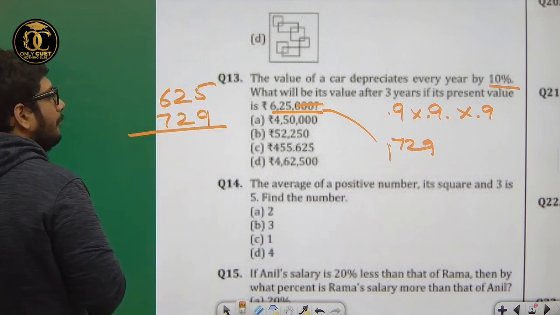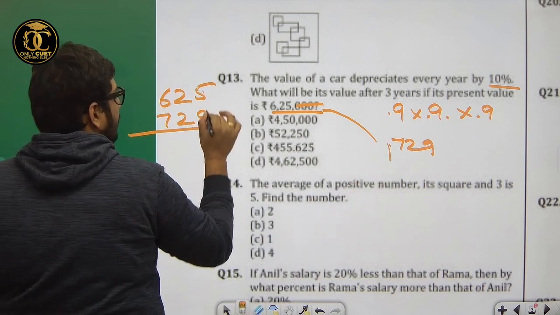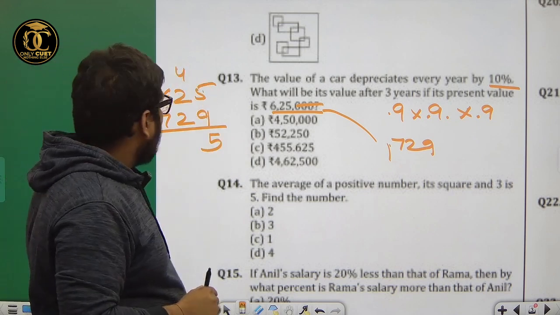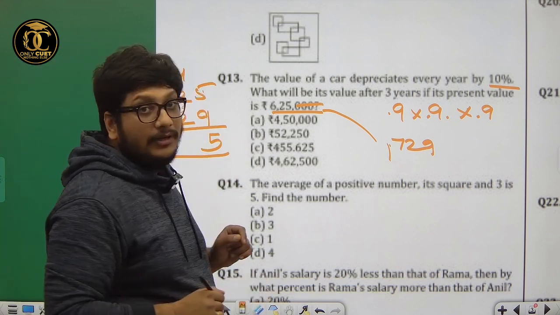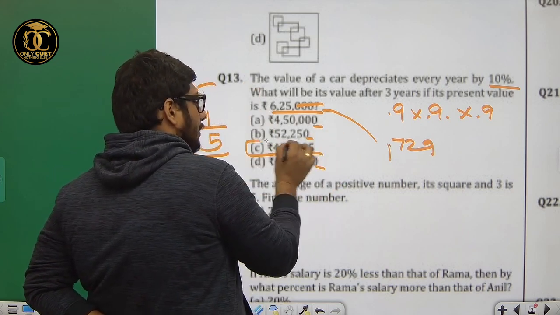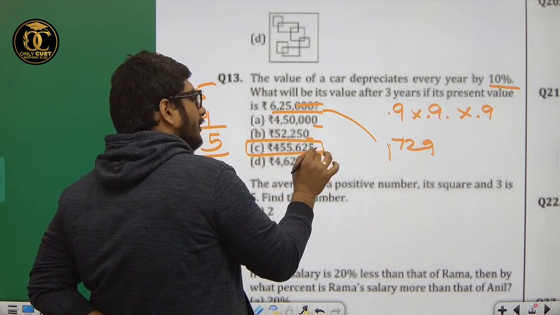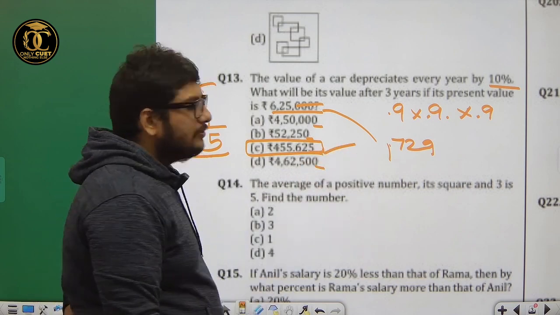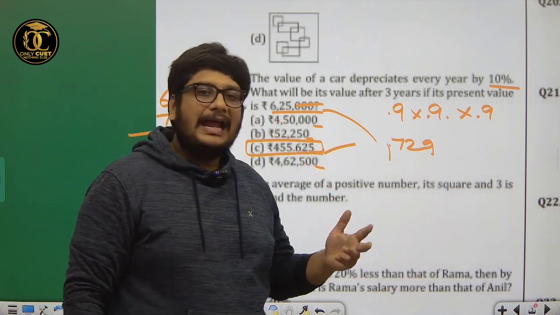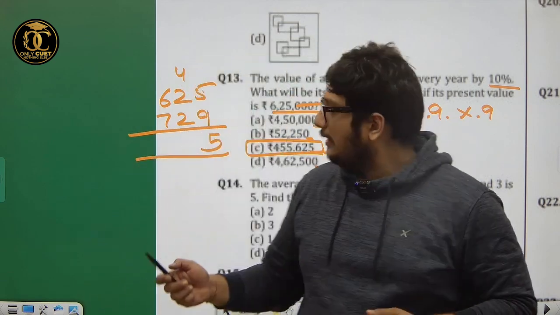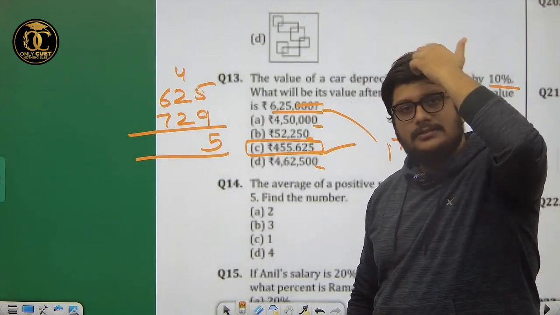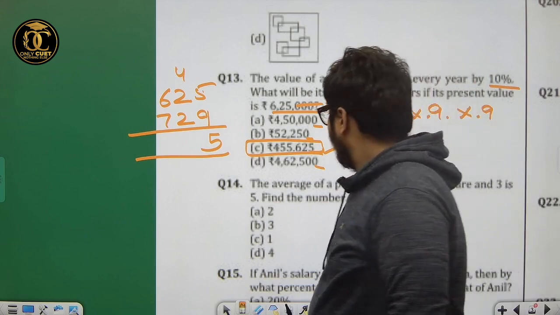Multiplying, 9 fives are 45, 5, 4. Now I have got the unit digit to be 5. Looking at my options, none of them has 5 except option C. So without calculating anything, I'll just mark option C as correct, because that is the only option with unit digit 5 and I need to have 5 in my unit digit. Correct?